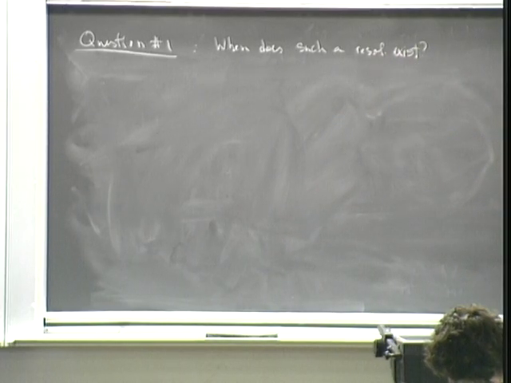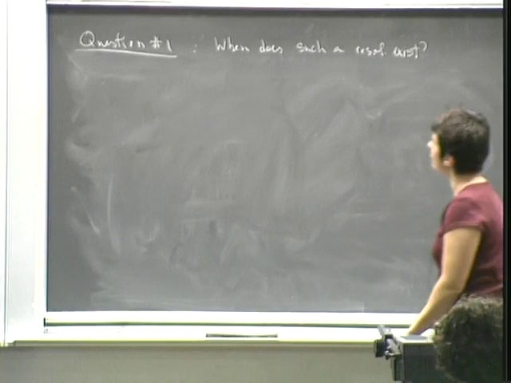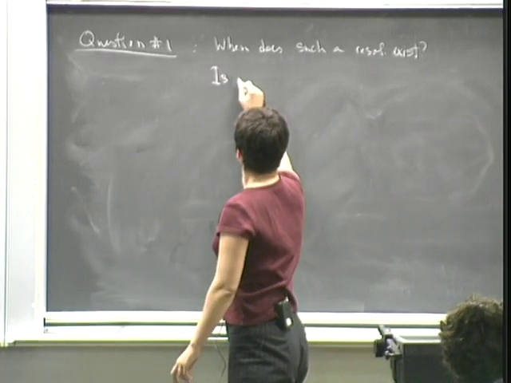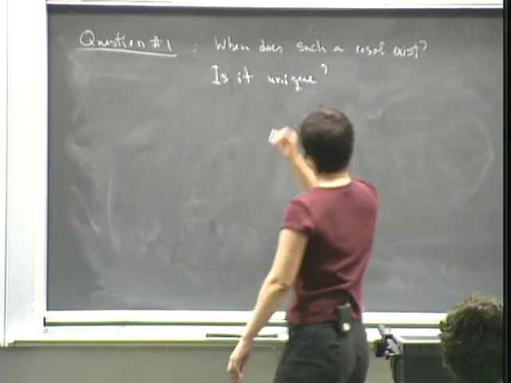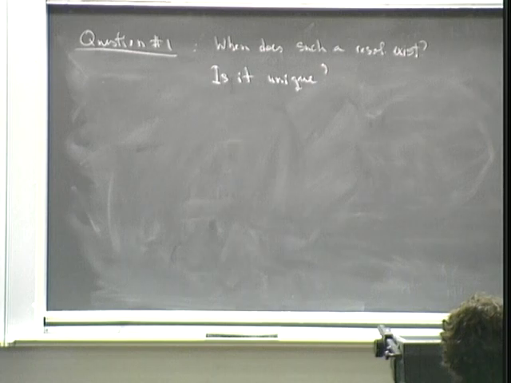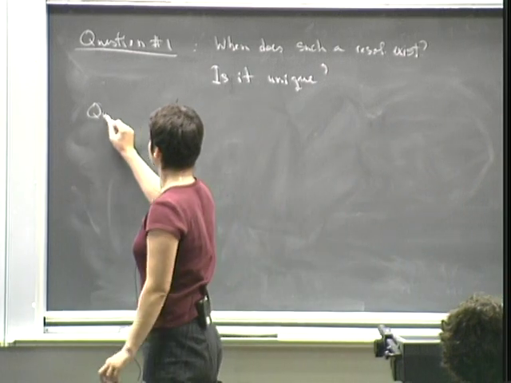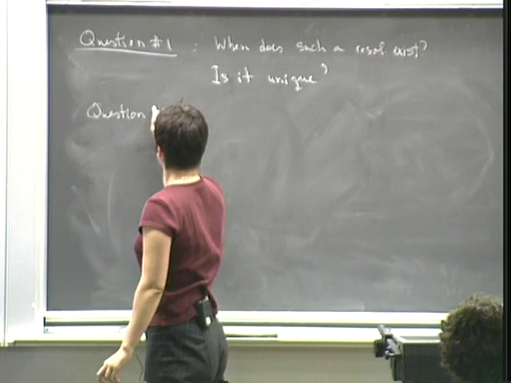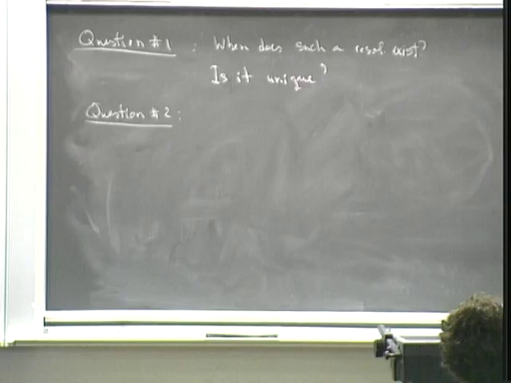And then if it exists, is it unique? And then the second type of question is, how can we describe the topology of a crepant resolution?